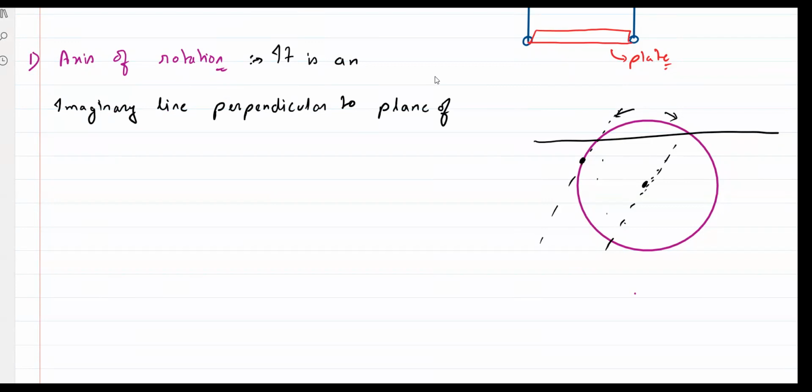Plane of circular path. Of what? Of particles. Of particles of rigid body.